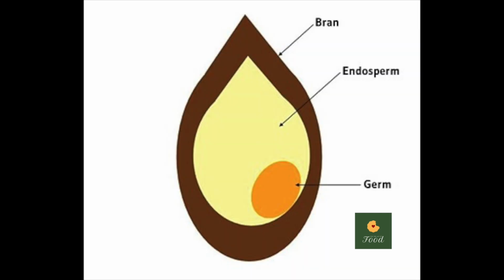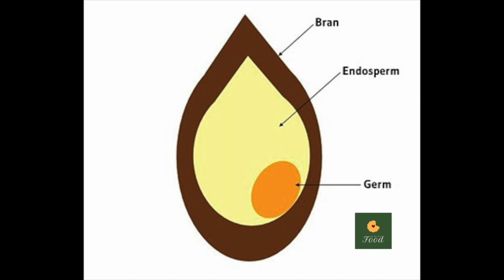The next important part here is the structure of the wheat seed. The outer part is the bran, the middle part is the endosperm, and the innermost part is called the germ. Bran usually contains fiber with vitamins and minerals, endosperm is a starchy carbohydrate with few proteins and vitamins only, and germ is usually packed with nutrients like B and E vitamins and healthy fats.